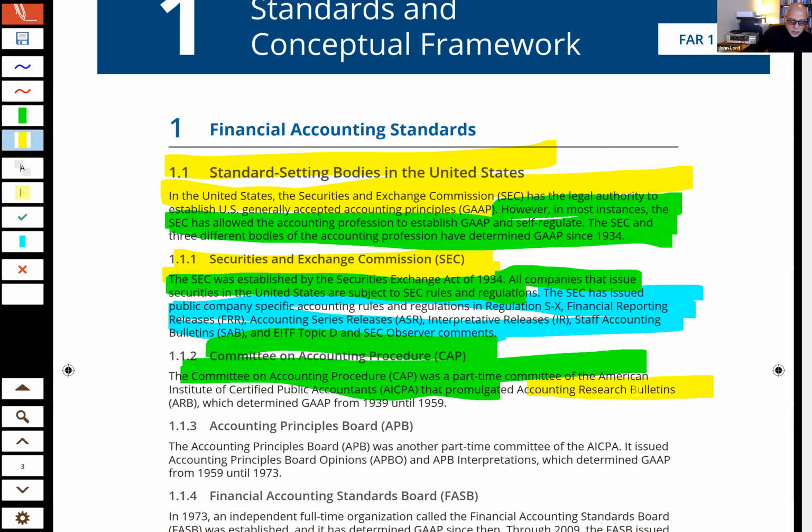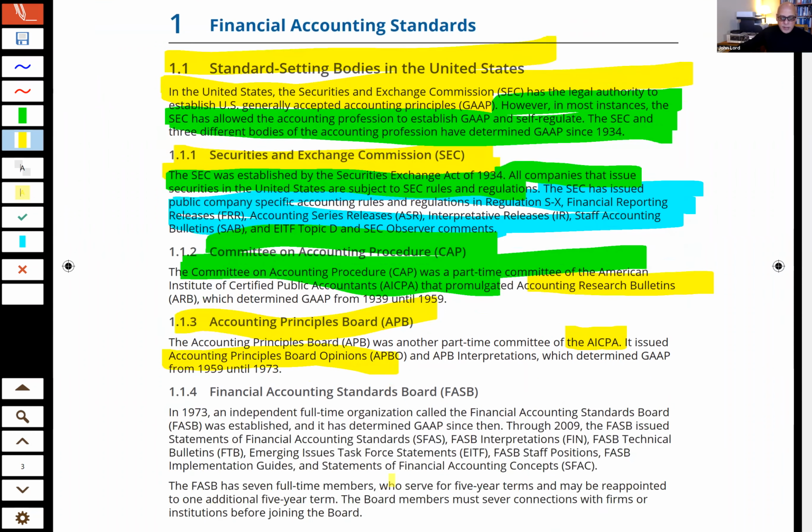That was the case until 1959. Then they created the Accounting Principles Board, once again inside of the AICPA, and it issued Accounting Principles Board opinions. Of course, these new standard setters build upon what the previous standard setters did.